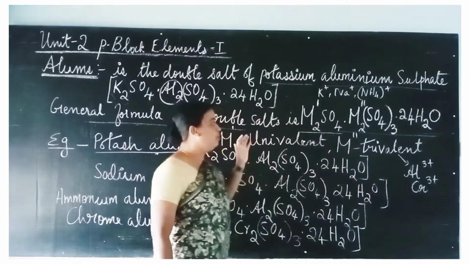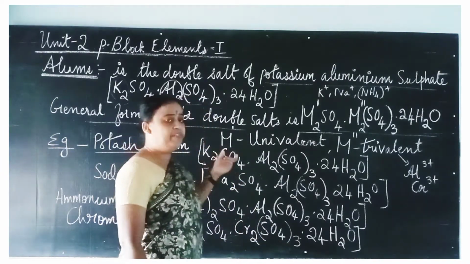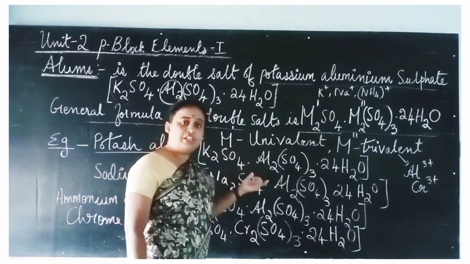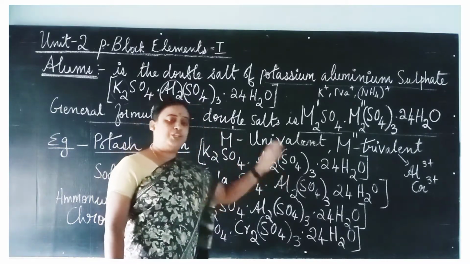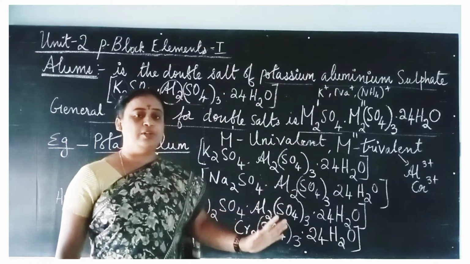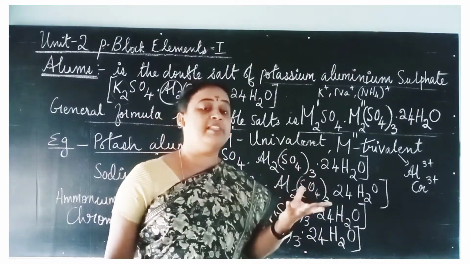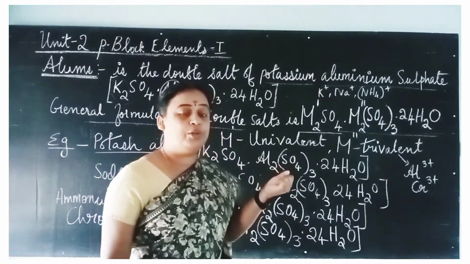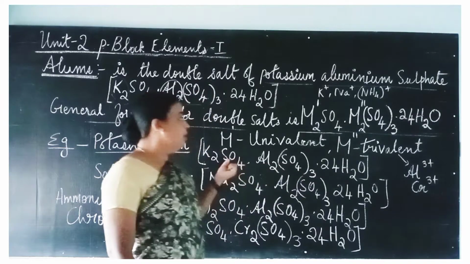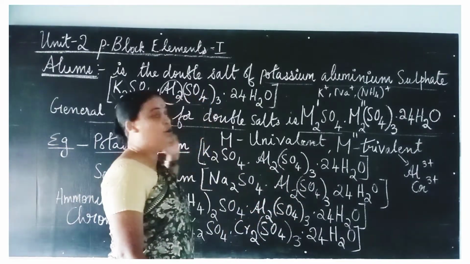This is the general formula for the double salt. It is very easy to memorize these formulas. Alum should have 24 water molecules. Because of the presence of these 24 water molecules, alum is in crystal form. These 24 water molecules are water of crystallization. So a double salt along with 24 water molecules is your alum.